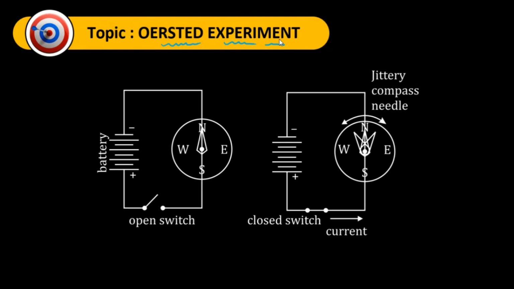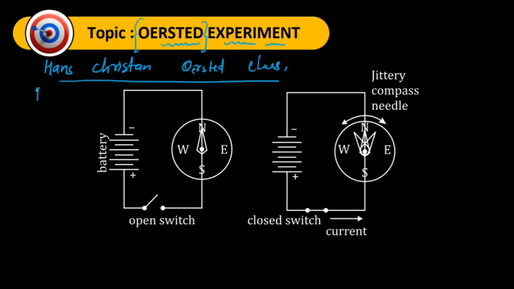In order to understand it, we need to go to the Hans Christian Oersted class. As I told you in the first lecture also, he was a professor by profession, and he was taking a lecture in his class and performing an experiment.